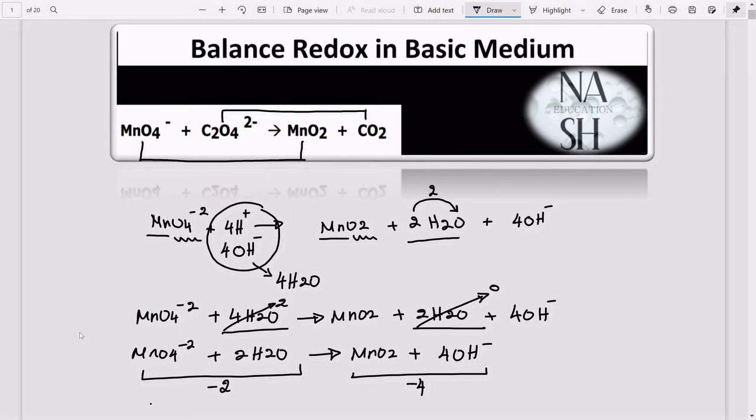So the side that is less negative or more positive is my reactant side. That is why I will need to make this side balanced in charge with the opposite side. So I will need to add 2 electrons. So -2 because of the 2 electrons plus -2 will give me -4, which is equal to the opposite side.